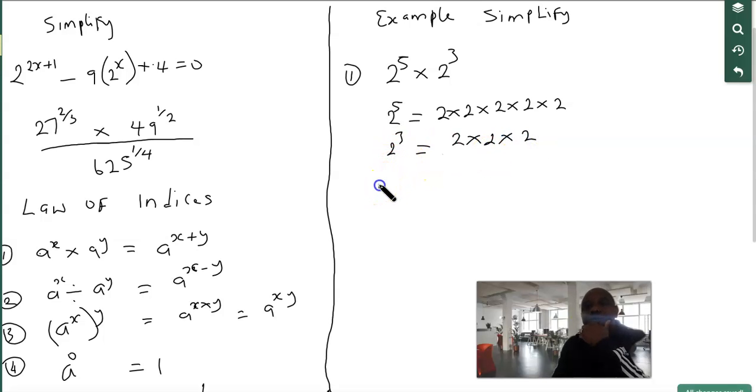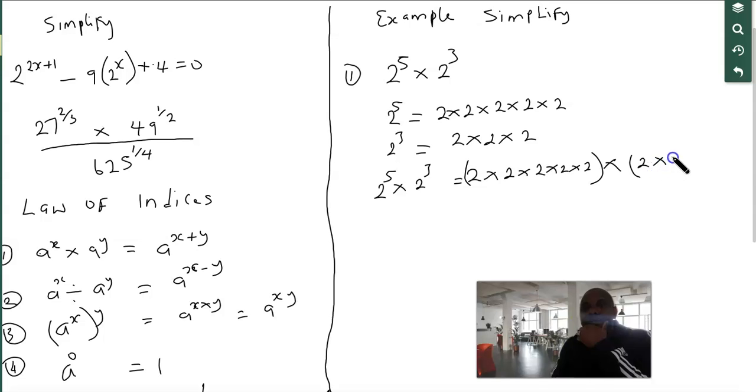Therefore, 2 raised to 5 times 2 raised to 3 will be equal to 2 raised to 8.